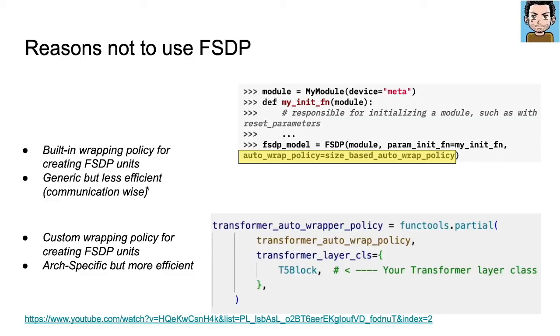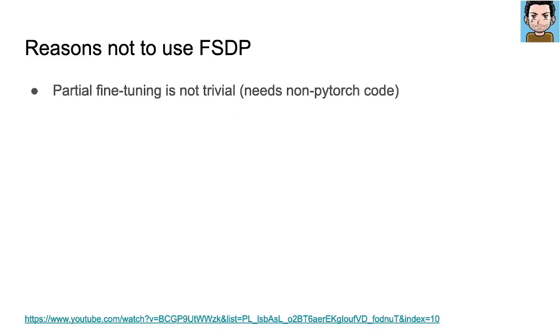So if you plan to use FSDP, you should create your own architecture-specific policy. For instance, if you are using a transformer model, you will need to specify the layer class to create FSDP units.